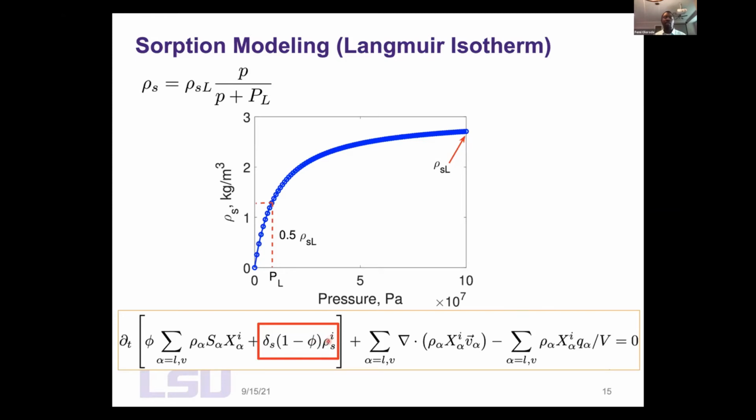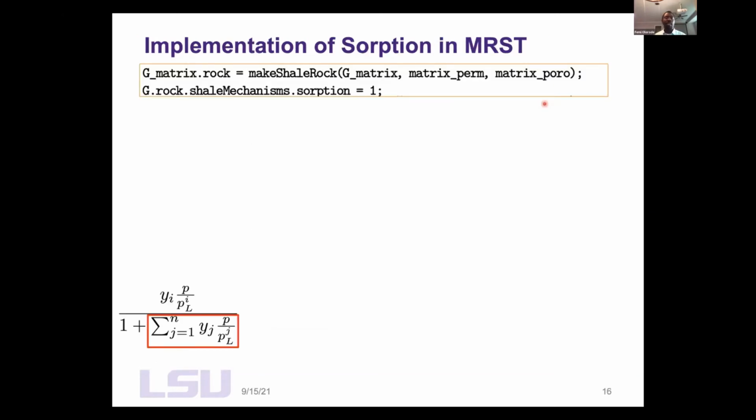And here we show the sorbed amount in density for each hydrocarbon component. This is for the entire hydrocarbon phase. So we need the extended Langmuir isotherm, which is shown here. And that's what we implemented in the compositional module. And we'll be talking about that in detail in the demo section. Here I show, instead of using make rock function, we use make shale rock.